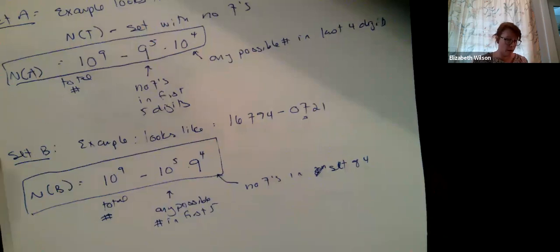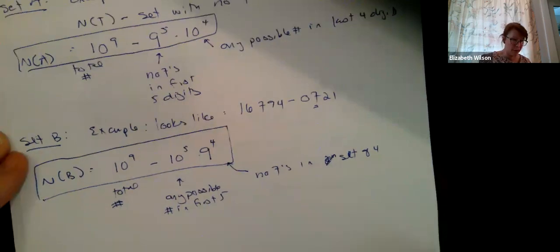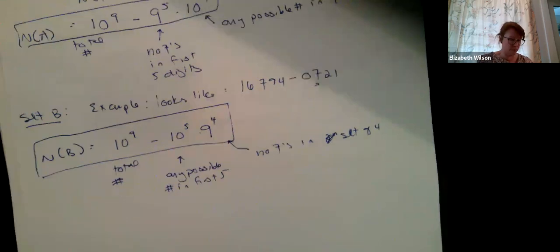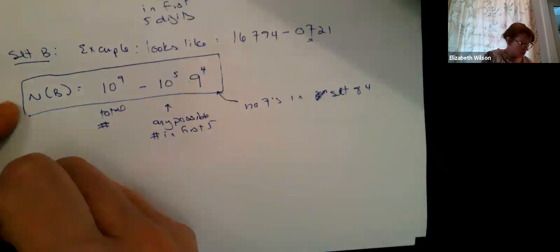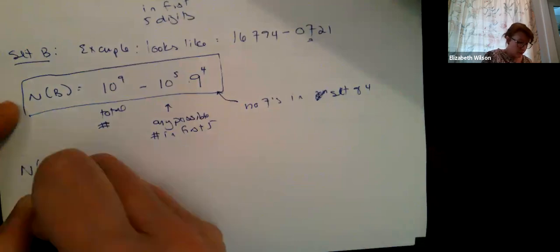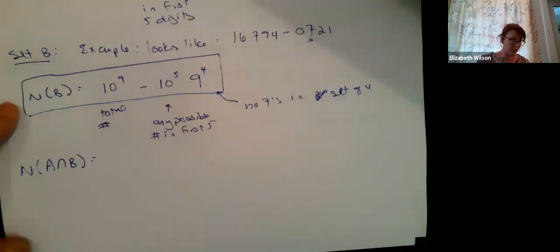Okay, so the next thing that we're asked to come up with is, let's scroll this down here so you can see. I want to find out their intersection, N, A intersection B. Okay, so this is our multiplication rule. So I'm going to think about this.